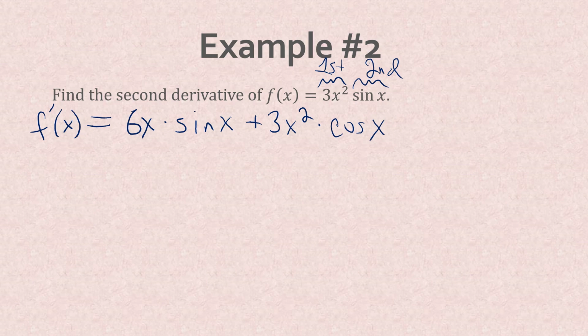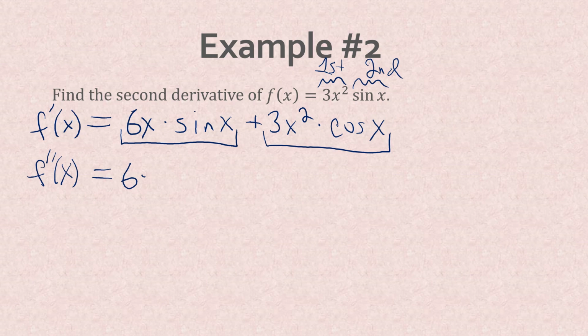And then in order to find the second derivative, we just need to take the derivative of the derivative. Notice we're going to have to use the product rule twice. There's the product rule on that expression, and then the product rule on that expression. So the derivative of 6x is 6 times the second, plus the first, which is 6x, times the derivative of the second, which is negative cosine x.